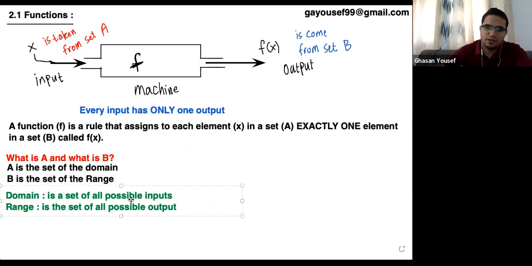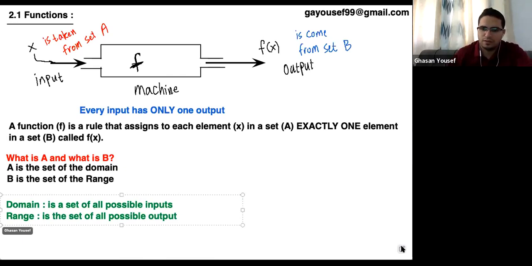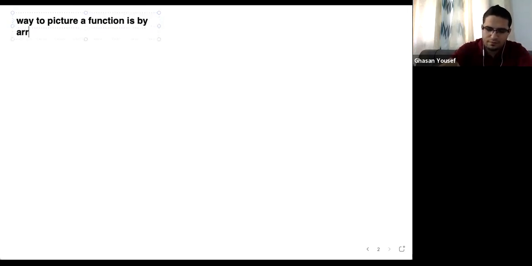So the arrow diagram, we're going to talk about this one. Here's the arrow diagram. So another way to picture a function is by an arrow diagram.